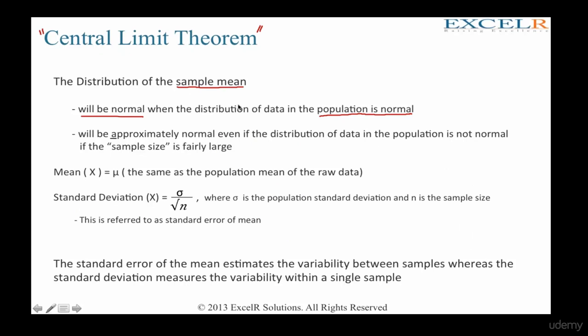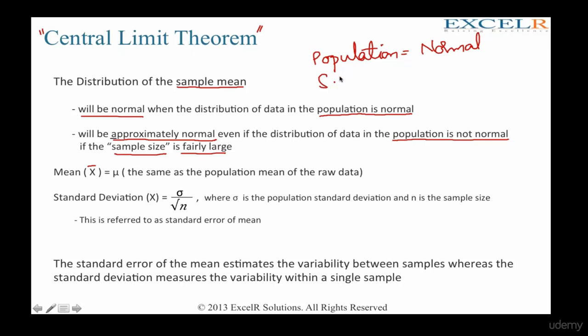First point. Second point: if the population does not follow a normal distribution, still your sample mean would follow a normal distribution provided the sample size is large. How large? We are going to discuss that. So this is your X bar. I repeat: if the population follows a normal distribution, then the sample mean will also follow a normal distribution.